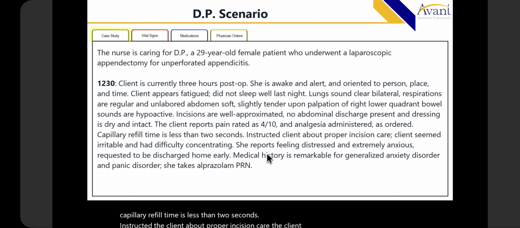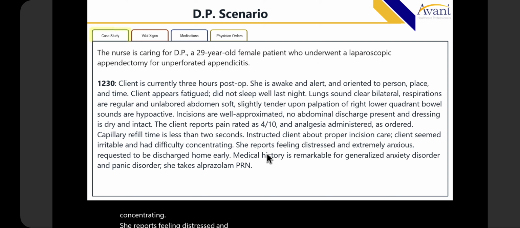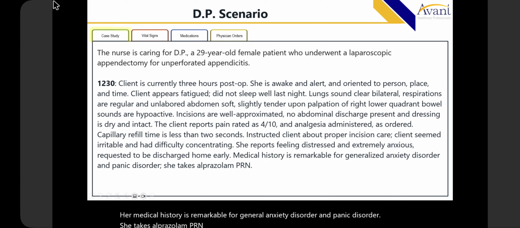The client seemed irritable and had difficulty concentrating. She reports feeling distressed and extremely anxious. She's requested to be discharged home early. Her medical history is remarkable for generalized anxiety disorder and panic disorder. She takes alprazolam PRN.